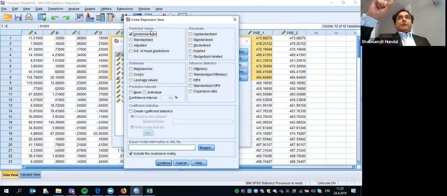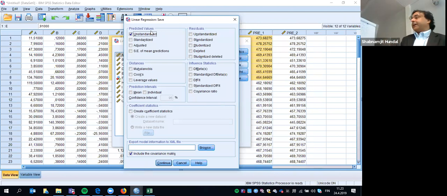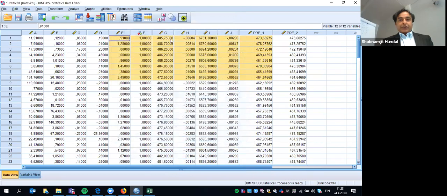On a scale of 0 to 5, 3 should be the normal reply. That's your theoretical value, and the real values are 1, 2, 4, and so on. But you want to see how far the deviation between the reality and the expectation is. The real value for sure is this, but this is the theoretical value of G.